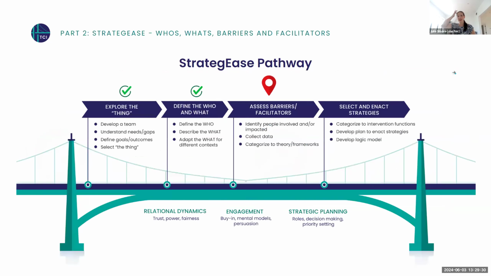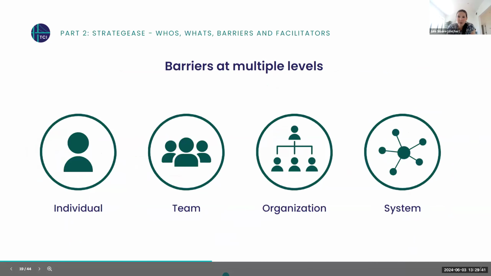Once we're ready, then we get into this next stage of barriers and facilitators, and it's one of my favorites. So when you start thinking about people's barriers and facilitators, you're going to start getting barriers and facilitators at a lot of different levels. Individual people have barriers, like reasons that they will or won't change. We also see barriers that happen at a team level.